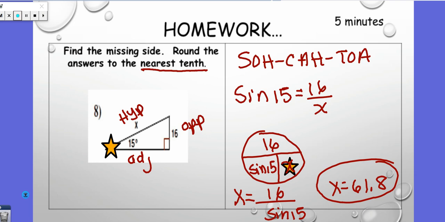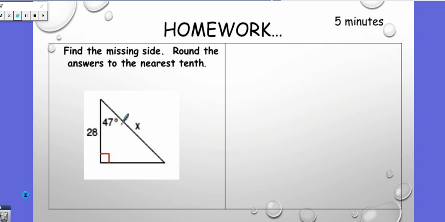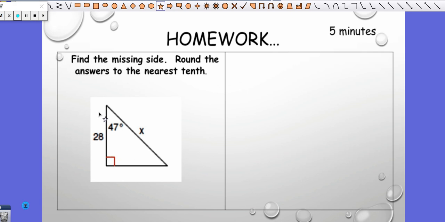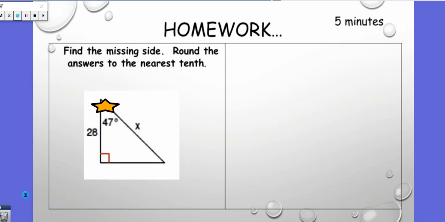Okay, let's keep right on rolling. So the next one, I'm going to put my star or your finger. I'm going to put my star up here. You can put your finger. Oopsie. Ooh, strange things are happening. Put this up here. All right, so the side that the right angle is across from is going to be my hypotenuse. And the other side that you're touching is the adjacent, and the opposite is down here.